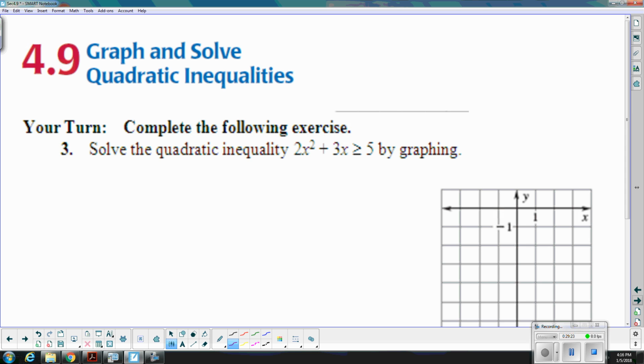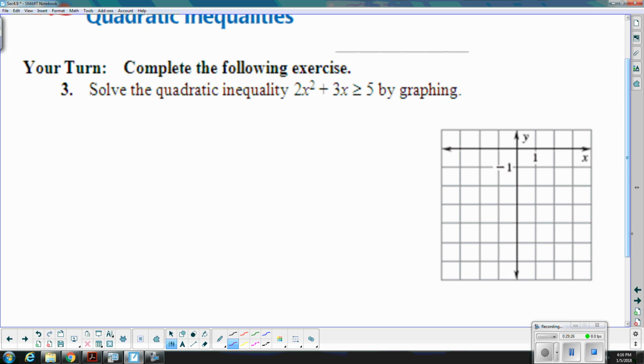So try this next one on your own. And here you're looking for when the graph is on or above. So when is the graph on or above the x-axis?